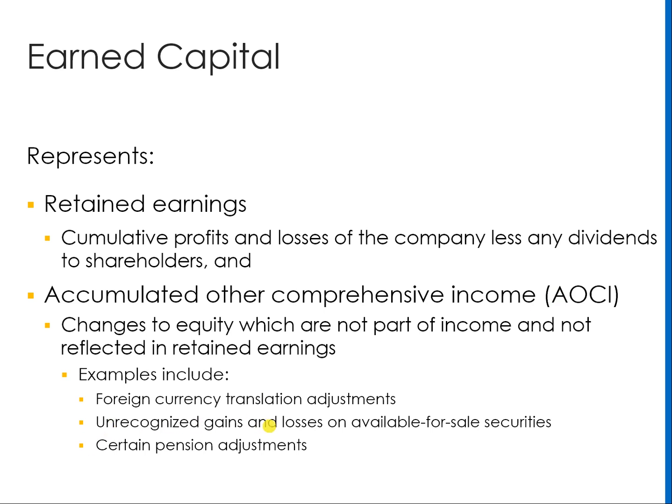And we have unrecognized gains or losses on securities, typically on available-for-sale securities. Again, because of price fluctuations: if price goes up, we have gains; price goes down, we have losses, but we do not report those gains or losses in the income statement. Rather, we report them in this account. And certain pension adjustments, the same thing. We report gains or losses in this account.